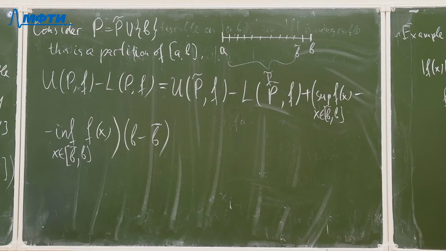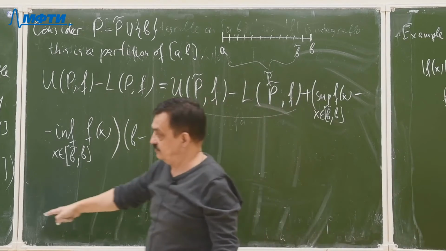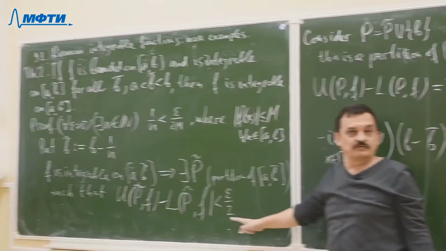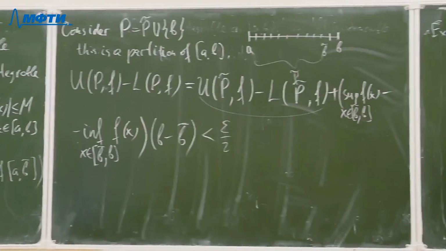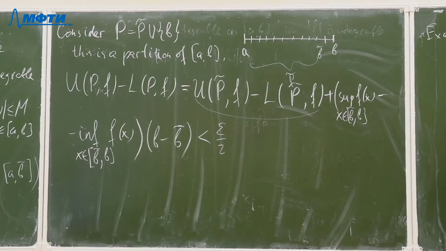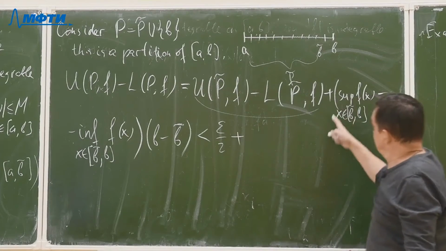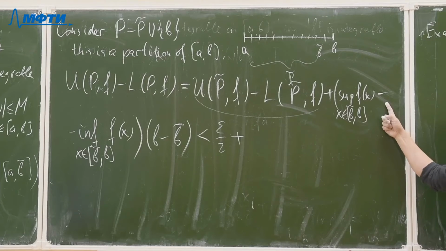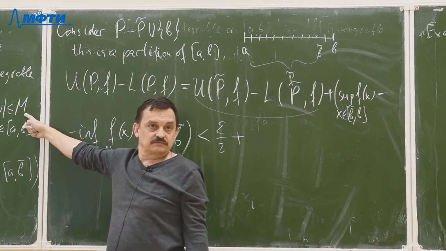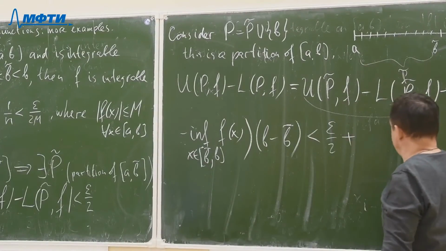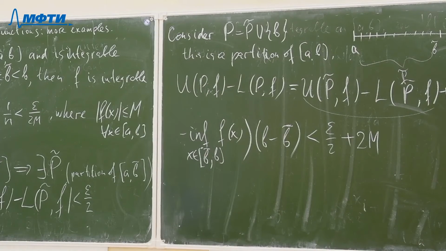Now look. The first difference is less than epsilon over 2. We choose P tilde from integrability of the function over [a, b tilde]. For the second, the difference between supremum and infimum is less or equal than 2M, twice the estimate for the modulus.